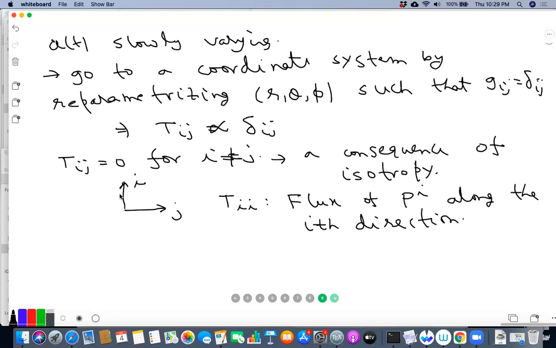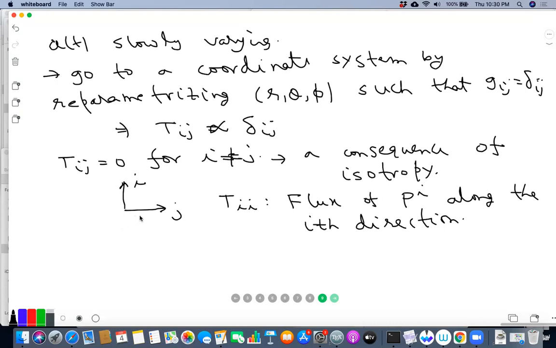So all the particles that are moving in the upward direction carry positive pi, and so the pi flux along the ith direction is positive. On the other hand, particles which are moving in the opposite direction, the downward direction, carry negative pi, but they also carry the flux in the opposite direction.